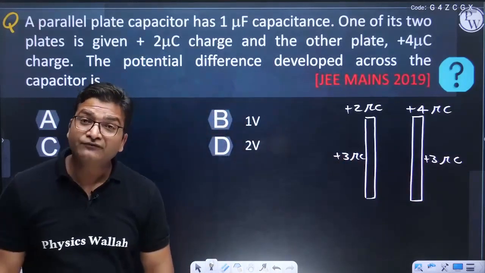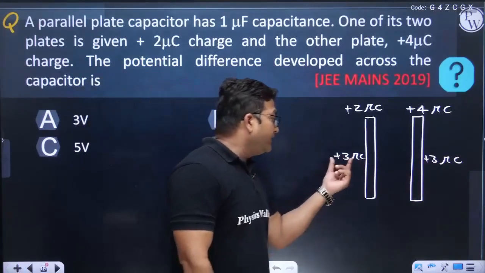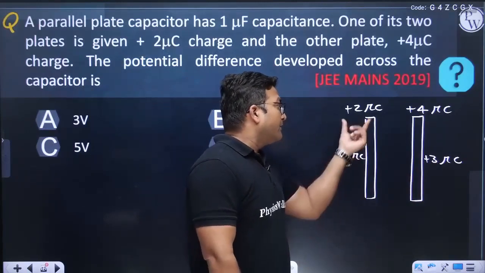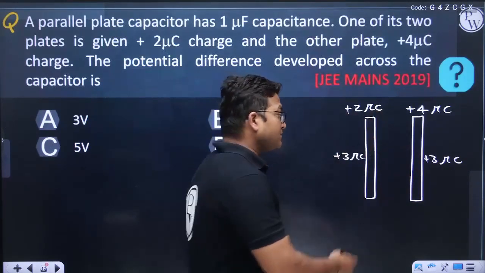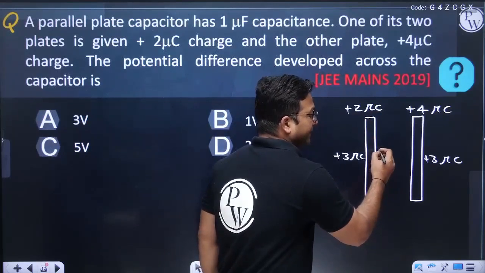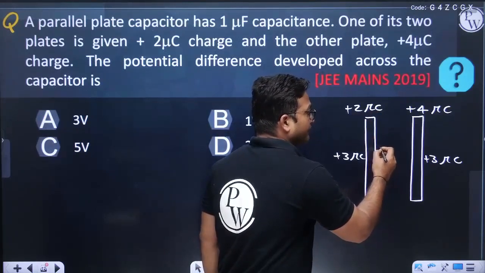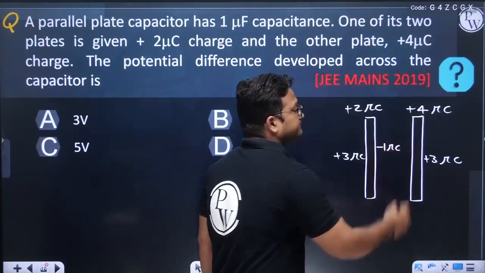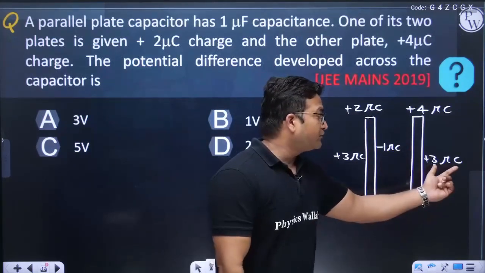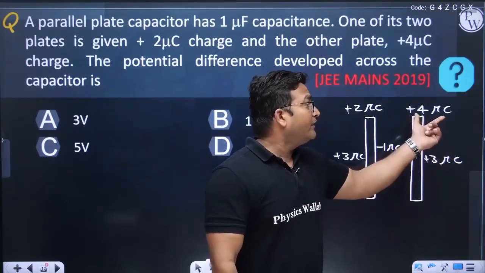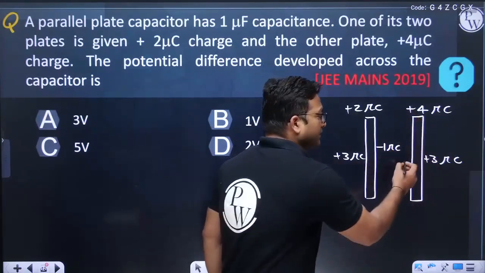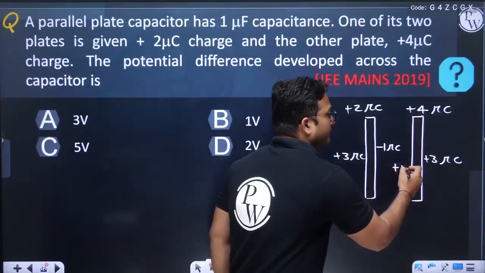And by conservation of charge, if here we have 3 microcoulomb charge, but in total we have only 2 microcoulomb charge, so on this right surface we should have minus 1 microcoulomb. And since here we have 3 microcoulomb charge, but in total we have 4 microcoulomb charge, on this surface we must have plus 1 microcoulomb.